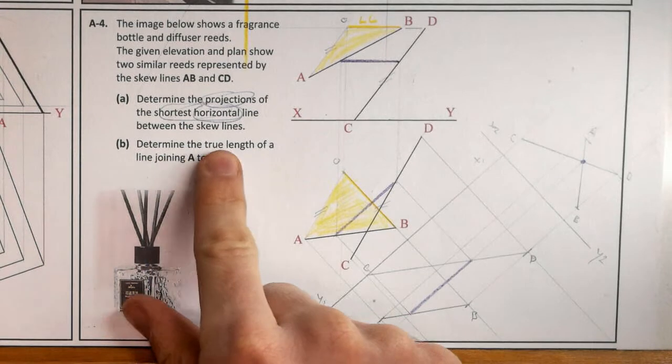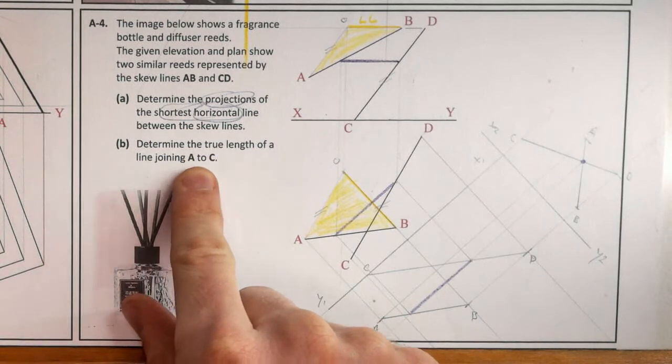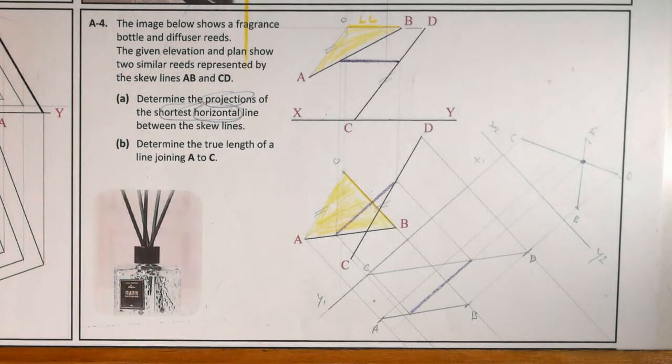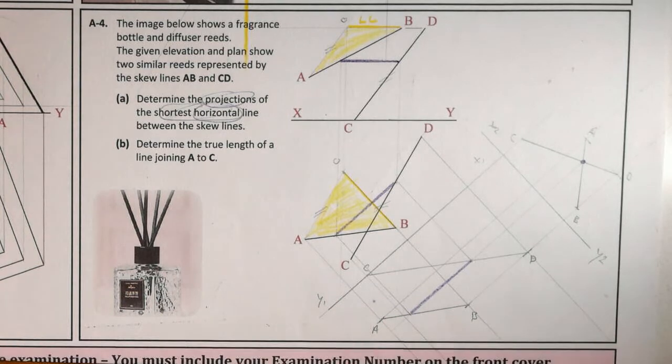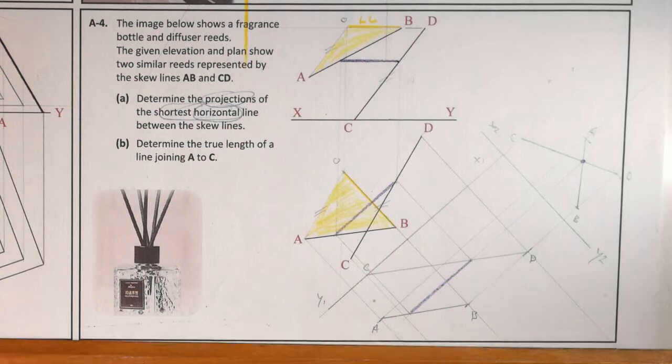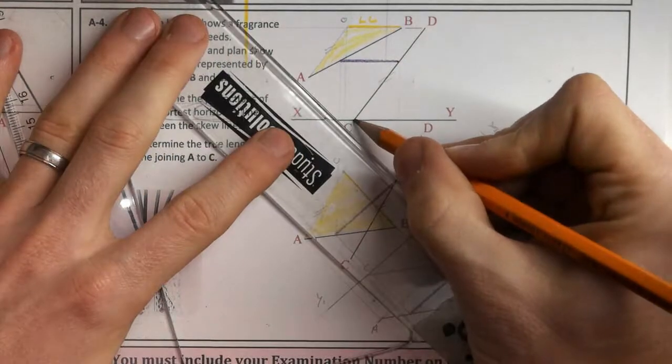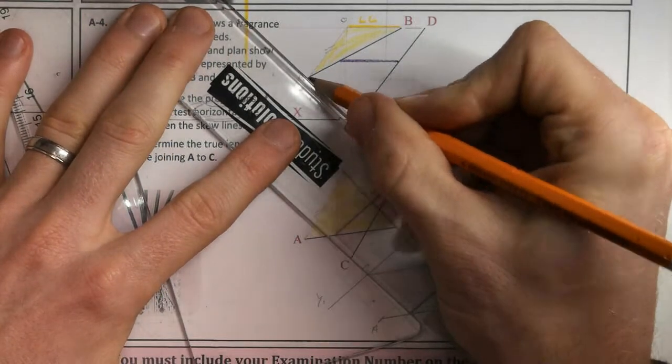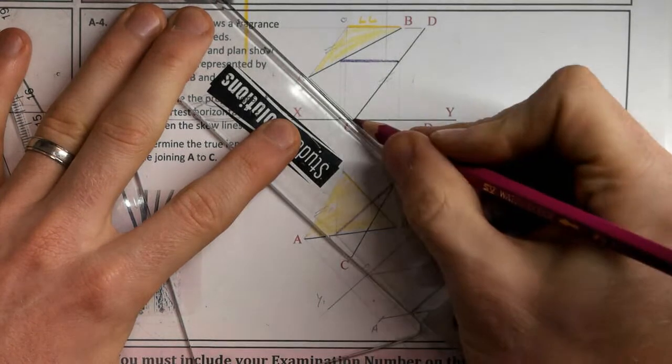Then finally, determine the true length of the line joining A to C. So I'm going to get a line here joining A to C. There it is, I'll actually highlight it.